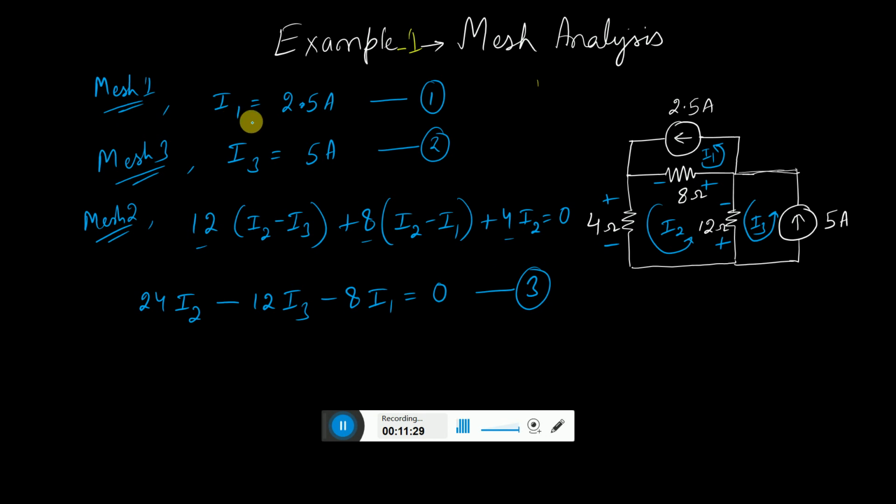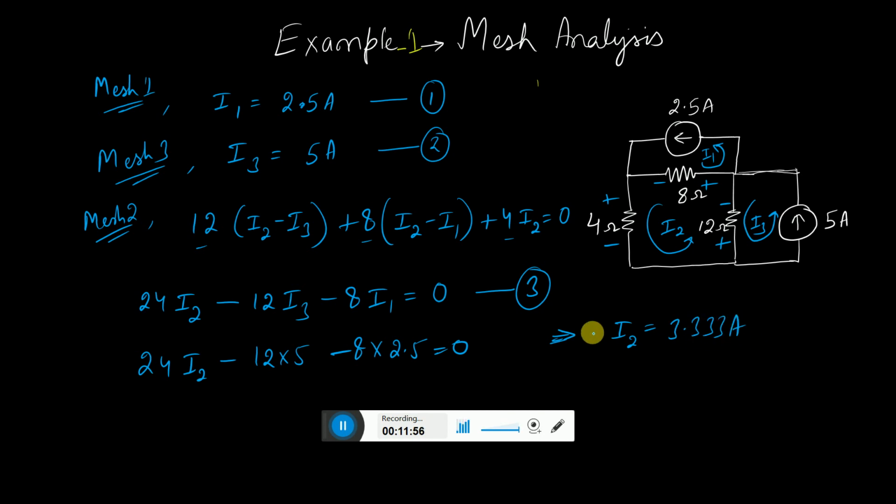So from the top we can get the value of I1, 2.5. So we will write here 8 into 2.5, and here I3 is 5, so 12 into 5, and here 24 into I2. This is what we need to solve and get. And then from this we can write that I2 is equal to 3.333 ampere.